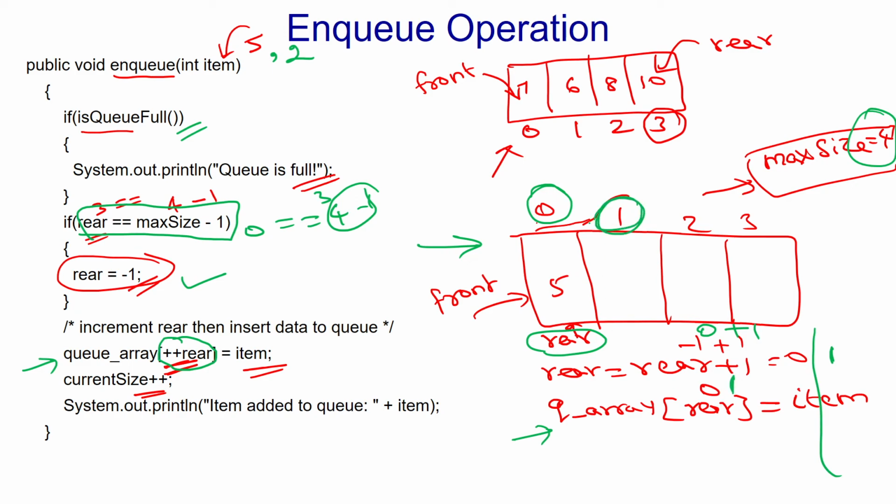In this location I am going to assign the new data item value, which is 2. Like this, we can insert new data at the back end by using the rear pointer. Now rear is 1, which is updated, so this is becoming the rear. This is the procedure to insert data into the queue by using array implementation.